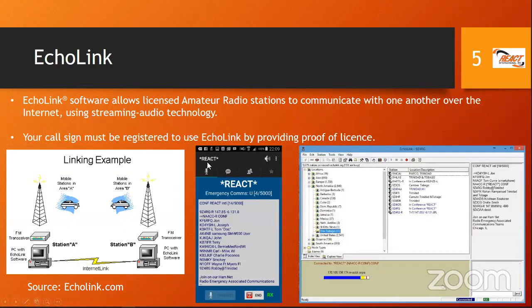If we look at this slide, in the middle here, you see what essentially is an app. This is the EchoLink app, I think on the Android platform, where you don't have to have a radio, and you can talk. Notice that there's a transmit button at the bottom there.